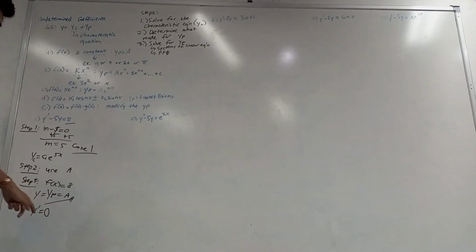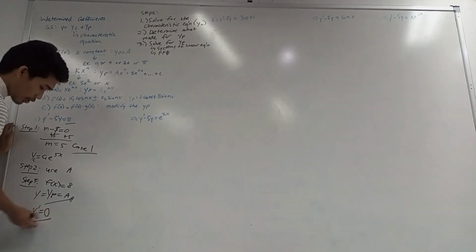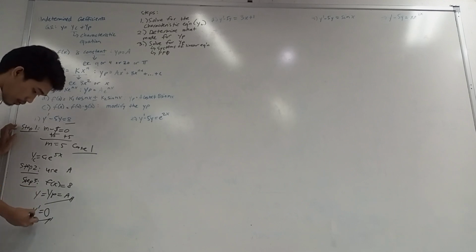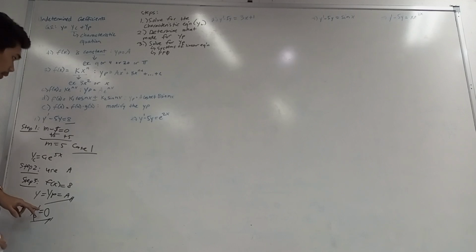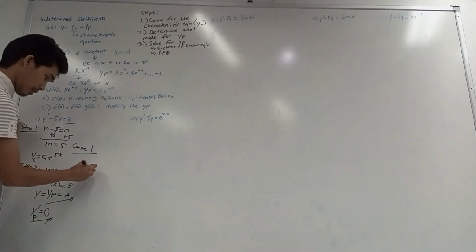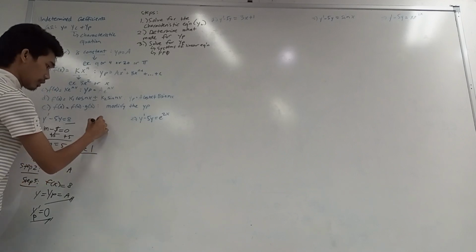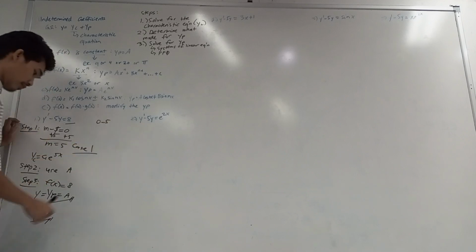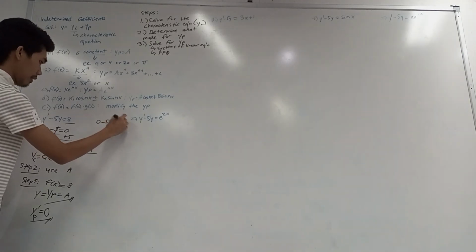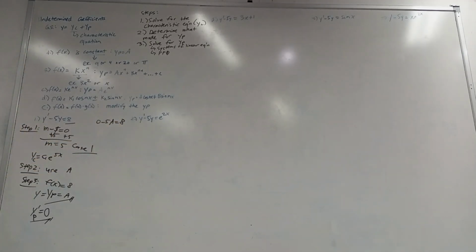So, solving, substitute natin yung y prime and y. So, from here, makita natin na 0 minus 5a is equals to 8.